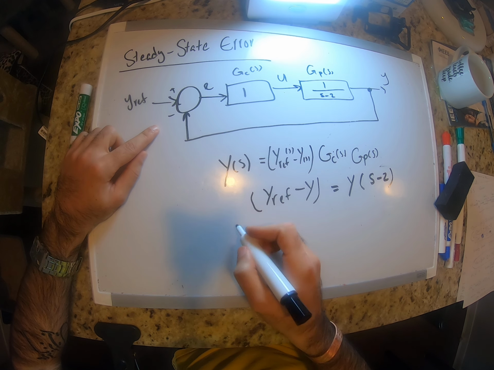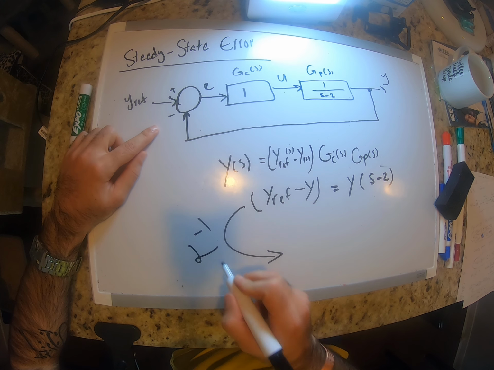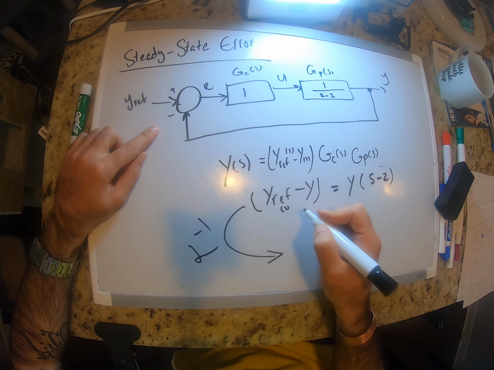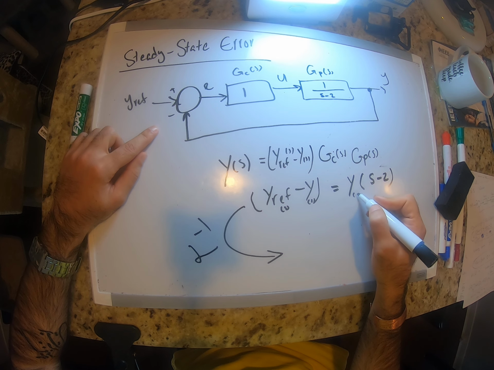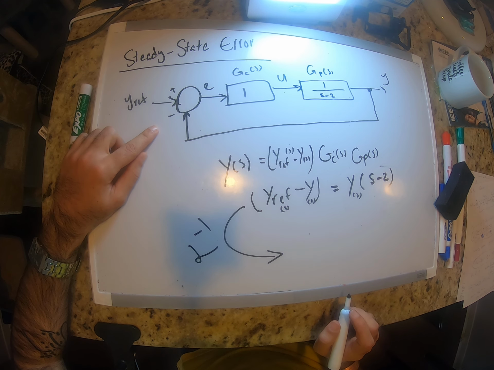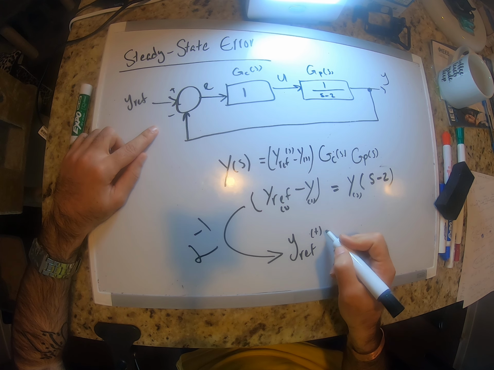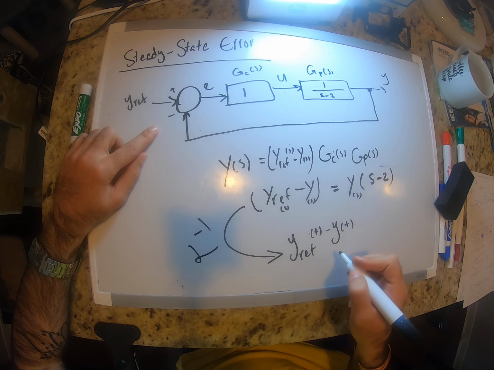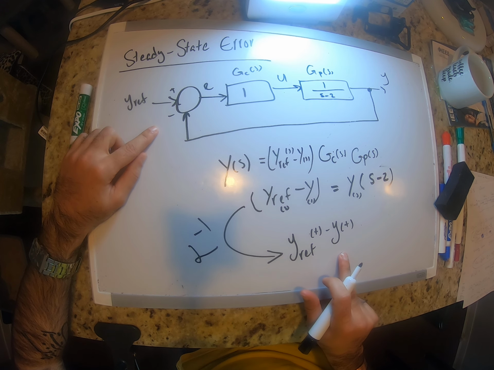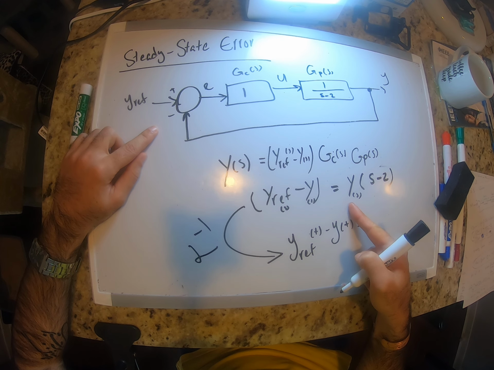Okay. Let's take the inverse Laplace transform of this one, because these are in the S domain. If I take the inverse Laplace transform, we're going to go to the time domain. So this is going to become y ref of t minus y of t. This is the instantaneous error, equal to s times y of s.